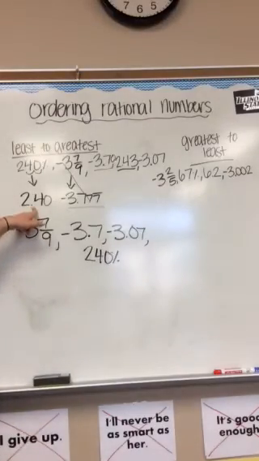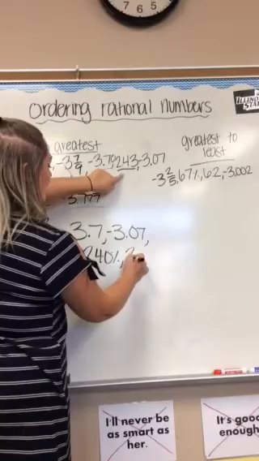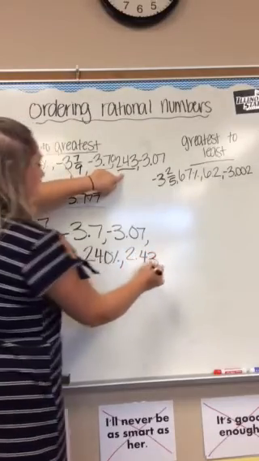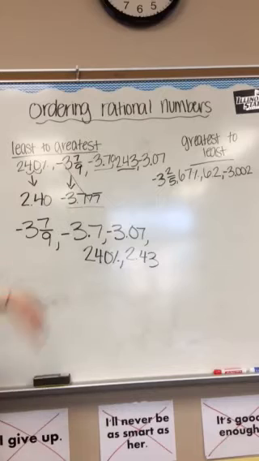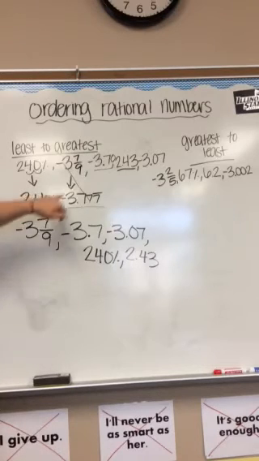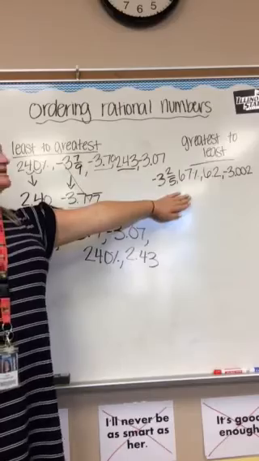Again, I'm putting it back to the original form. Then we have 2.43. Keep in mind that the negatives are flipped around. This one would be the biggest as a positive, but since it's a negative, it's farther down the number line. So it's the smallest.